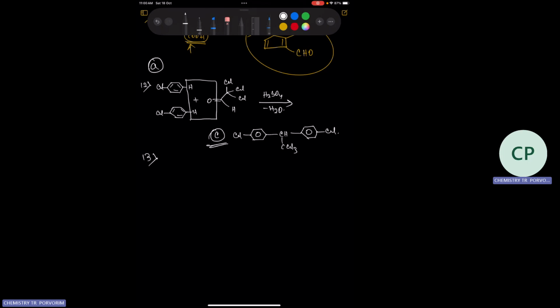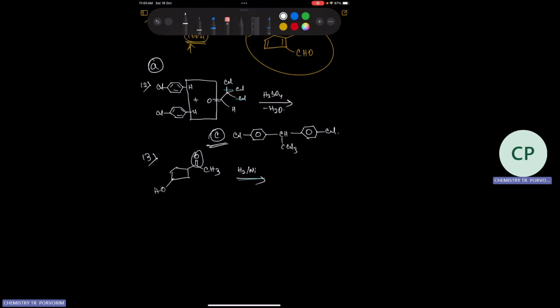Question number 13. This is the structure, CH3 and OH. So if we react this compound with hydrogen nickel, H2/Ni, what are we getting?